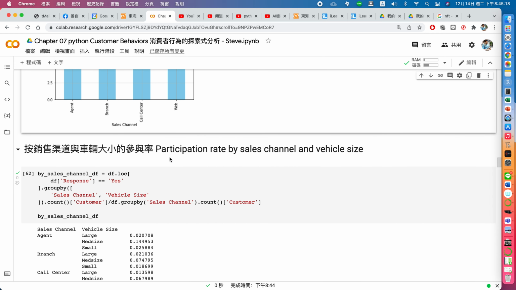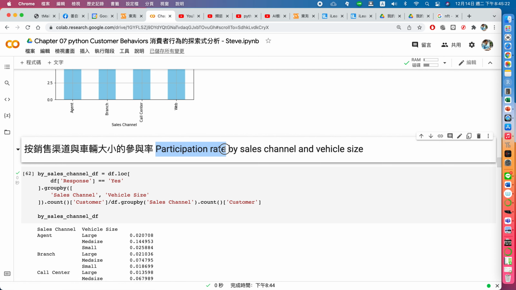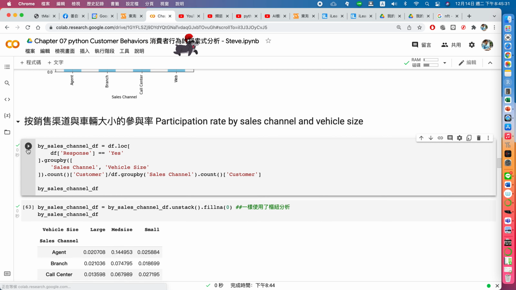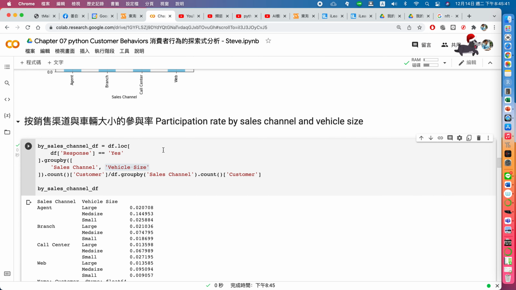Also, we can calculate the participation rate by sales channel versus vehicle size. Okay, so we group by sales channel and vehicle type together.